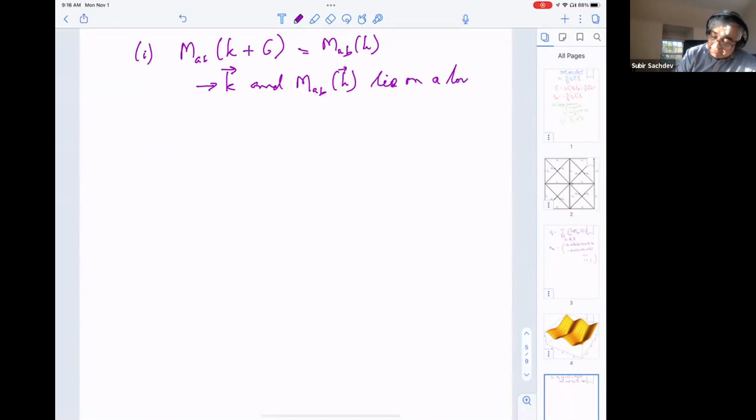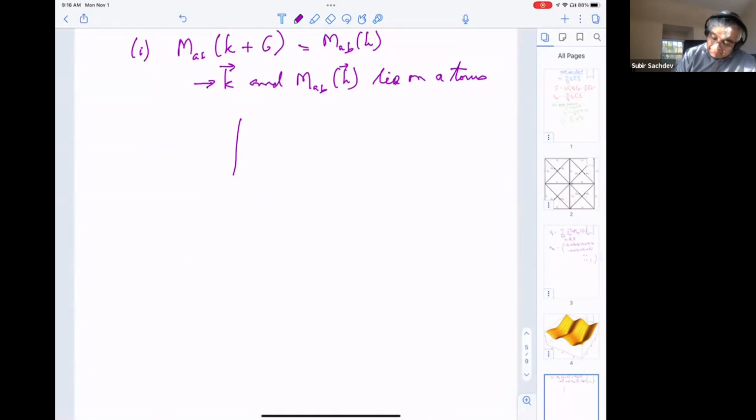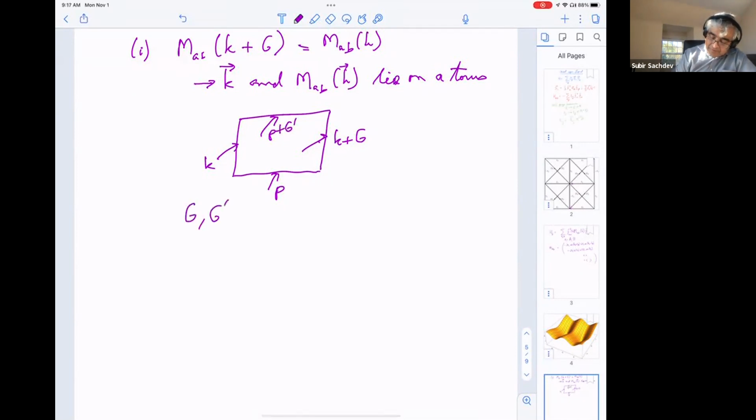I'm going to restrict myself to 2 dimensions here. So there's some unit cell that could have strange shapes in different lattices. So this is k here, then this line is k plus G. And similarly, this is k' here, and this is k' plus G', where G and G' are reciprocal lattice vectors.